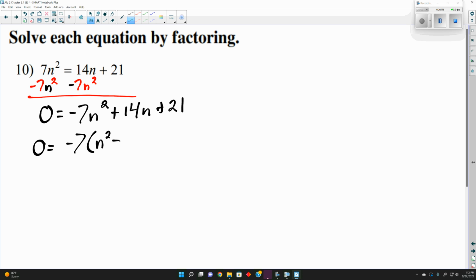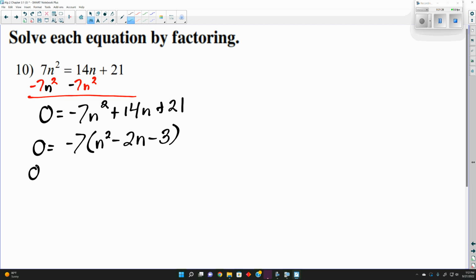And 14 divided by 7 is 2n. The 21 is going to go from positive to negative, and 21 divided by 7 is 3. So when we do that, it's helping us keep step 3 working the way it should.